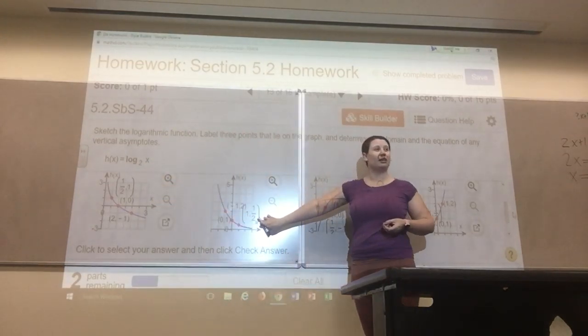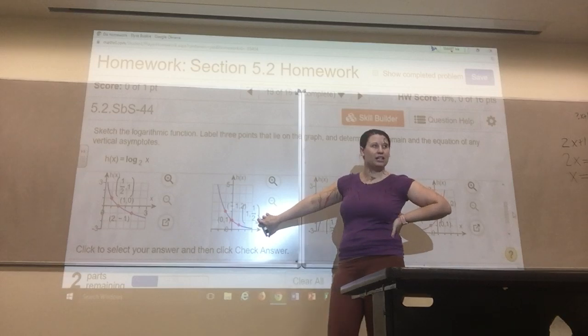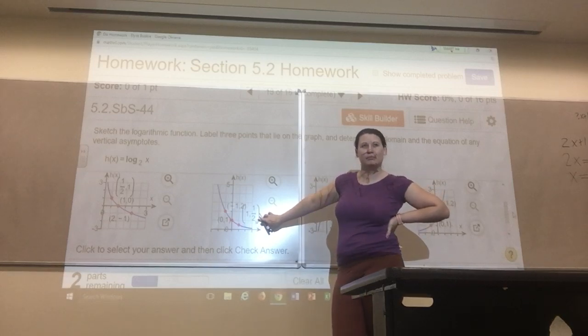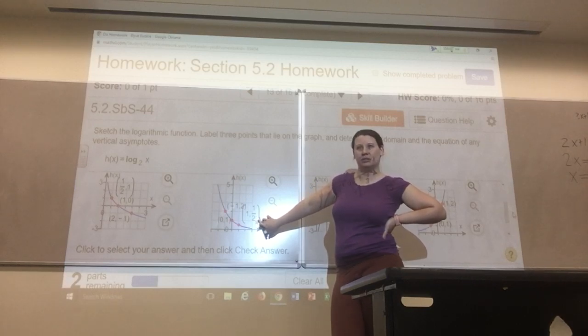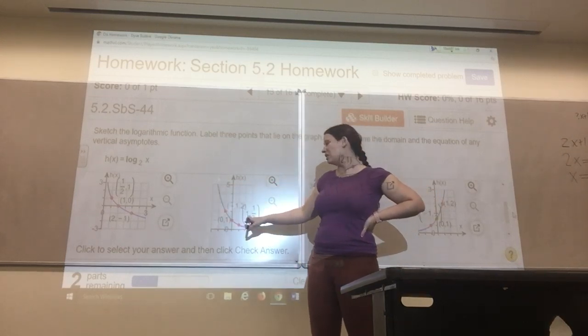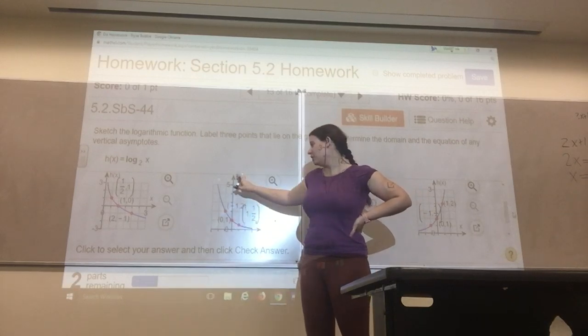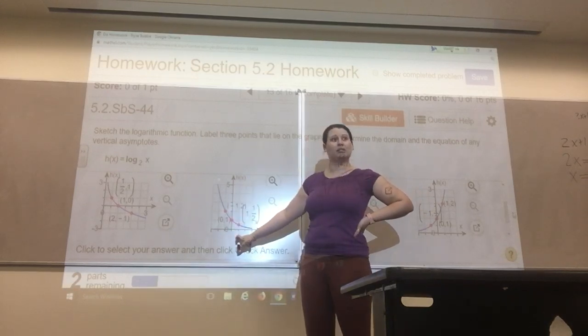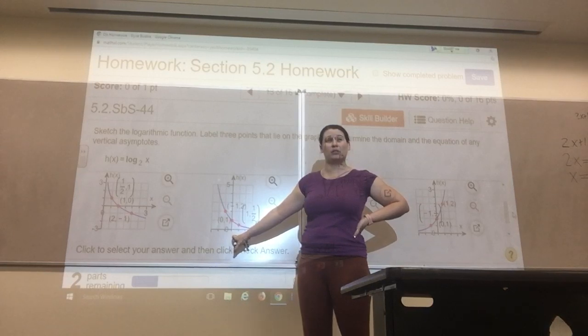This one is what? Exponential or logarithm? It's exponential. And is it the regular or the reflection? Reflection, because it's going down, it's decreasing. So it's flipped around the y-axis, so that means it's a negative with or outside the x?